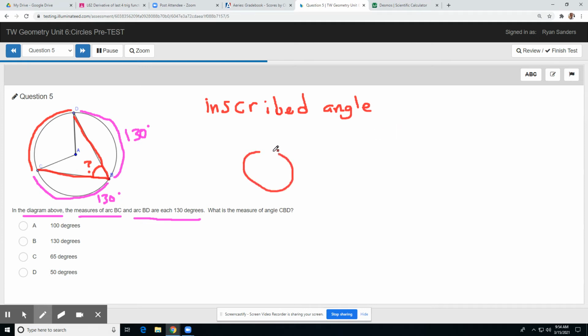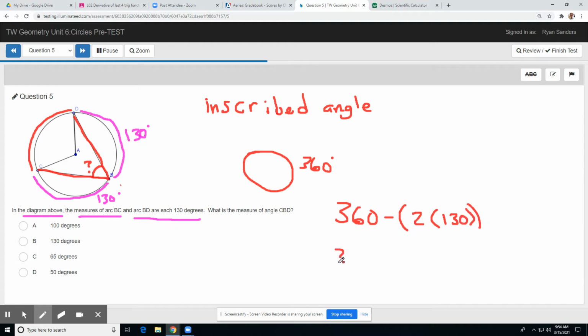So I'm going to go ahead and use the fact that a circle has 360 degrees. And then we're going to subtract from that 360 these two 130s. Okay. So minus 2 times 130. And you can write that any way you want, but there's 2 of these here.